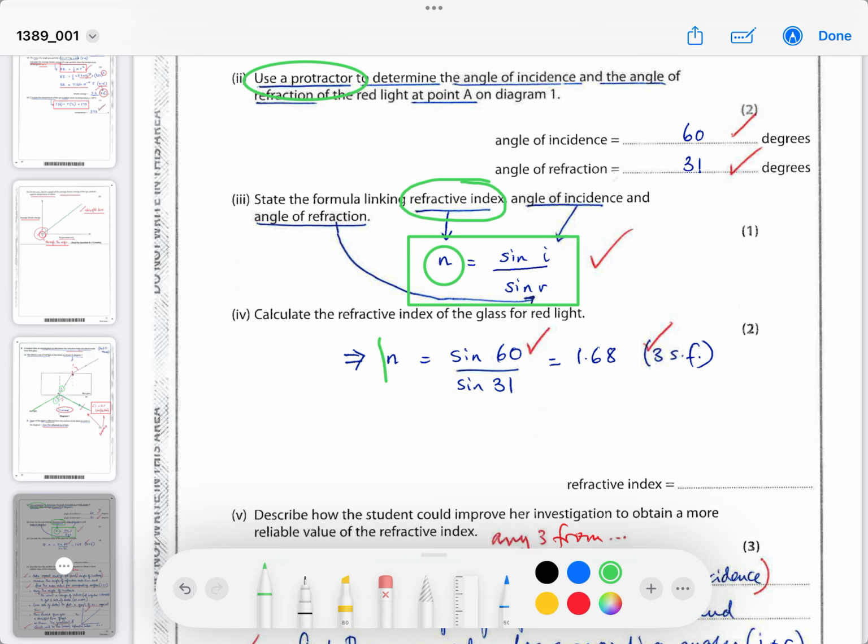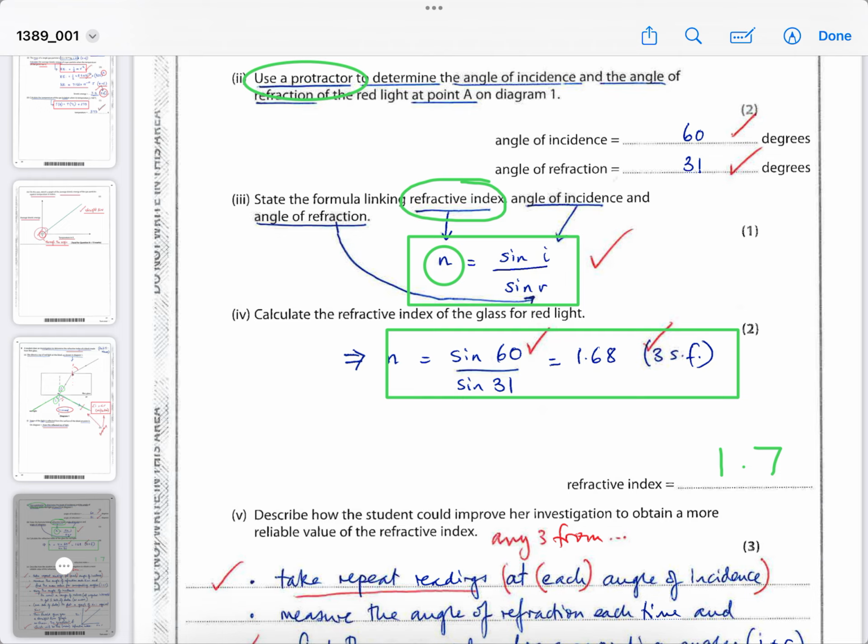To 3 significant figures, you will get the answer of 1.68. Make sure you've got your calculator on degrees. So it's 1.68 to 3 significant figures, or you could put it as 1.7 to 2 significant figures, because we probably don't know it that accurately.